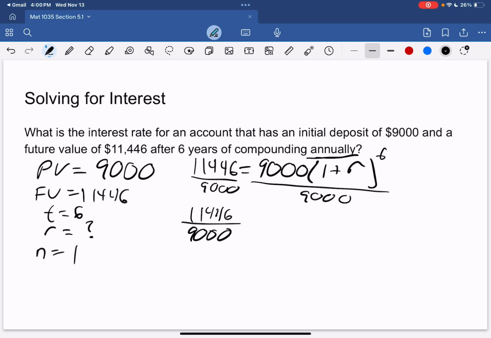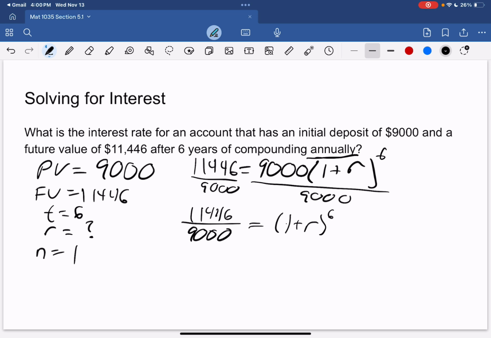I would leave 11,446 over 9,000 because rounding error can happen, and when you round 2 or 3 times in a single function or solution, you could be off enough that your Pearson homework or test will count it wrong. So I would just leave it.